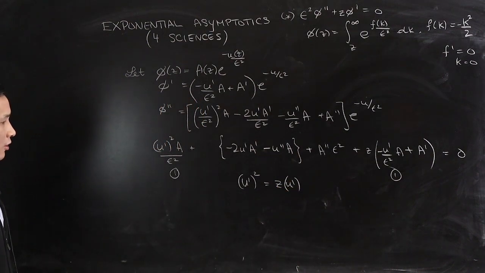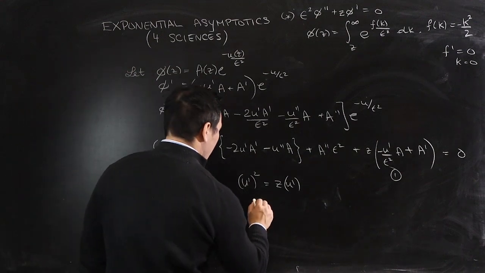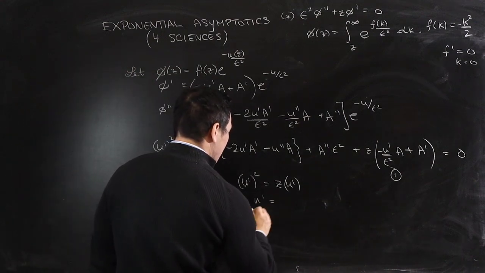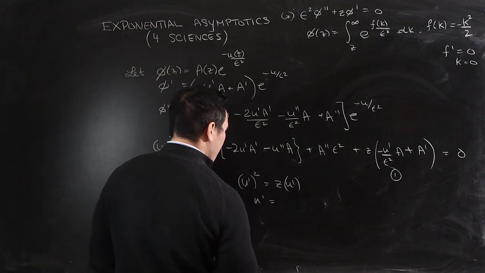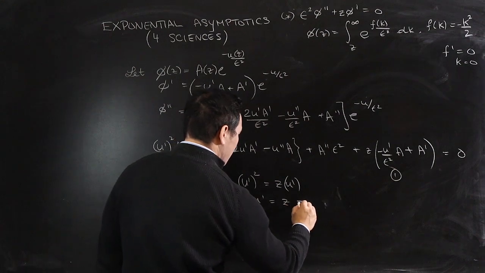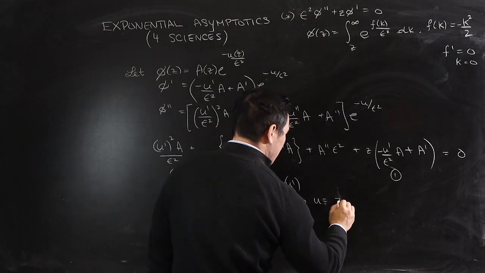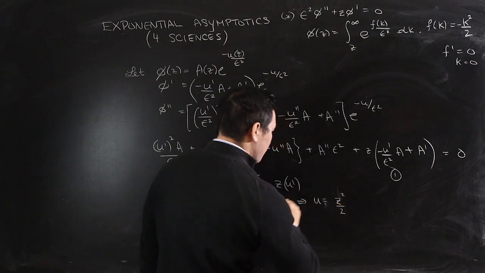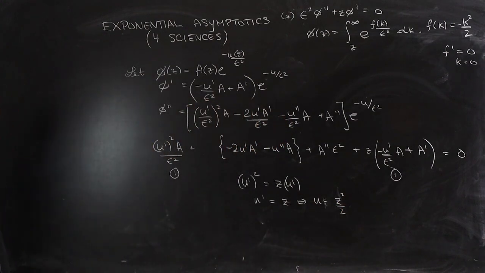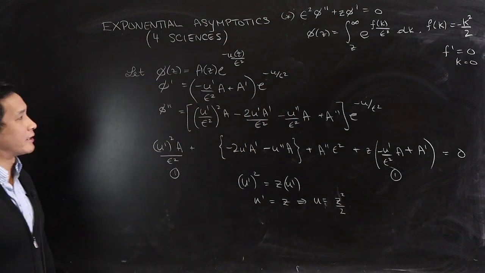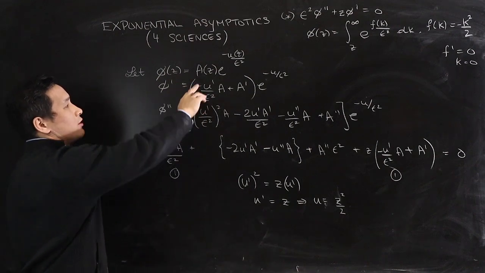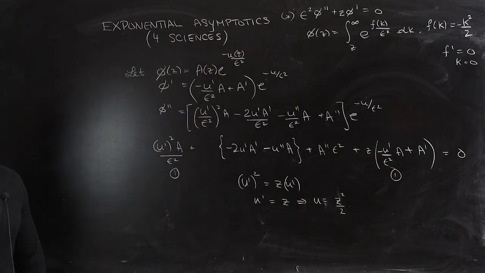And I'm going to ignore the constant solution, and I'm just going to have u prime is basically equal to z. So u is equal to z squared over 2, plus a constant, but the constant I can absorb into the definition of a just because of how the exponential works. Okay, so fine.